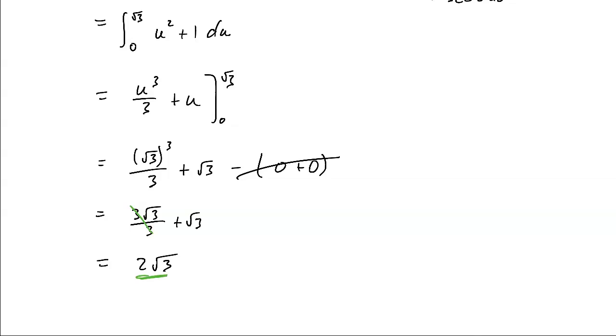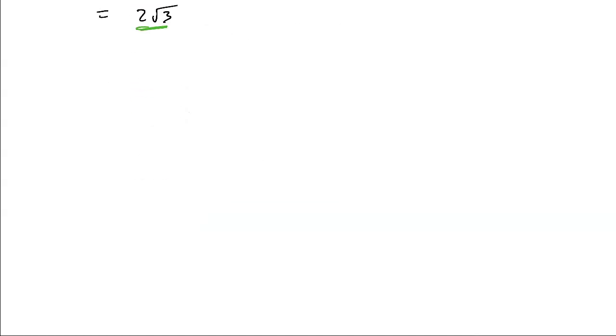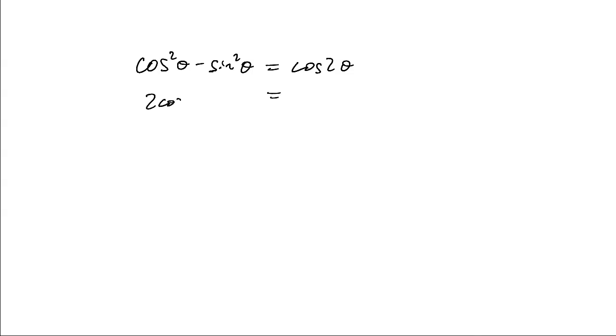Here are some little reminders from pre-cal: cosine squared minus sine squared is equal to cosine of 2 theta. That is a double angle identity from pre-cal. It is also true that 2 cosine squared minus 1 is that, and 1 minus 2 sine squared is that.